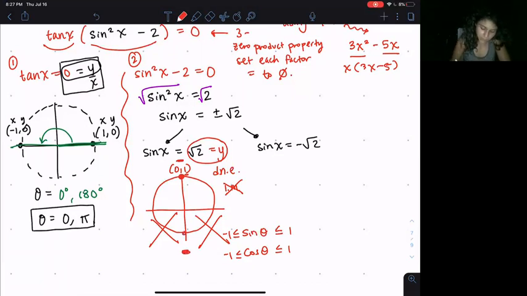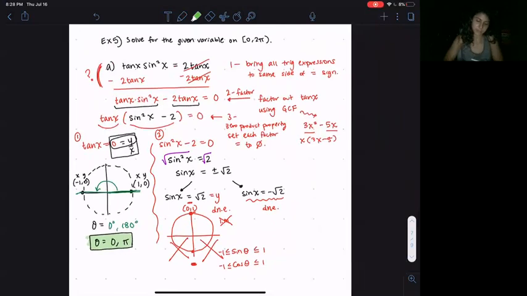The lowest y value we reach is -1. So this gives me a solution that does not exist, and this expression, by the same logic, gives me a solution that does not exist. So my only answers to this entire problem were 0 and pi. Pretty cool.